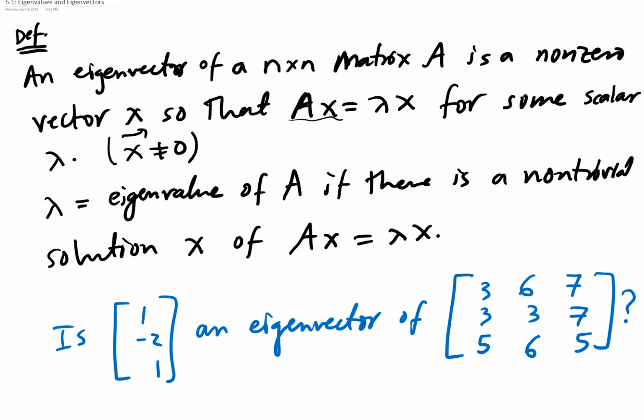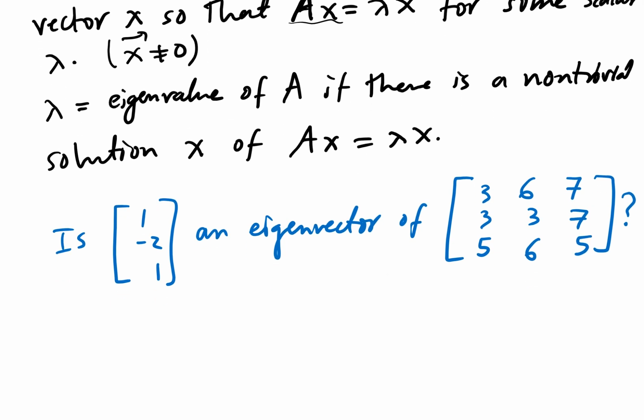They're just asking, is this an eigenvector? And how do we prove this or disprove it? To do so, we ask ourselves, if I take A times x, do I get a multiple of x?